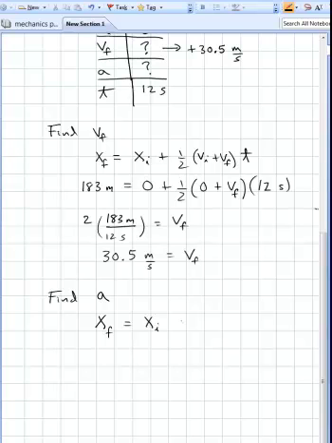X final equals x initial plus v initial t plus 1/2 a t squared. And I'll start plugging in some numbers. 183 meters is equal to 0 plus my initial velocity is 0, 1/2 a times 12 seconds squared.